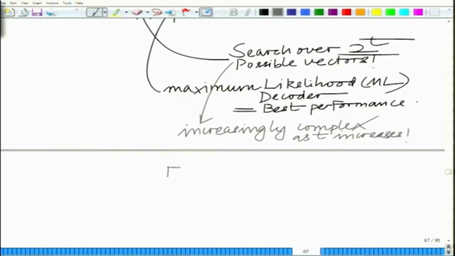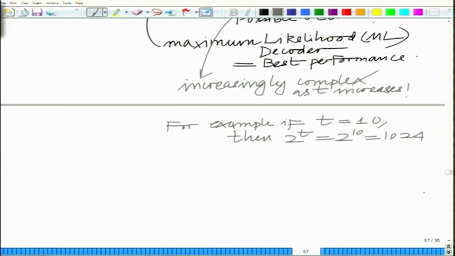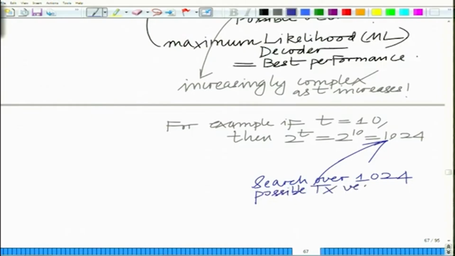For example, if t equals 10, then 2 raised to the power of t equals 1024. This implies you have to search over a set of 1024 possible transmit symbol vectors to decode each received vector y.